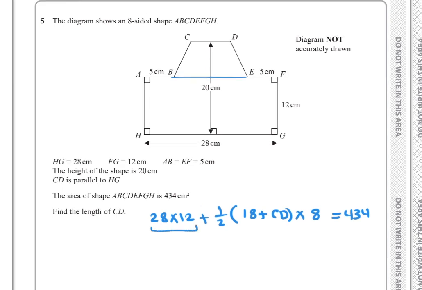Now 12 times 28 equals 336 plus half times 8 equals 4, so 4 times 18 plus CD equals 434.